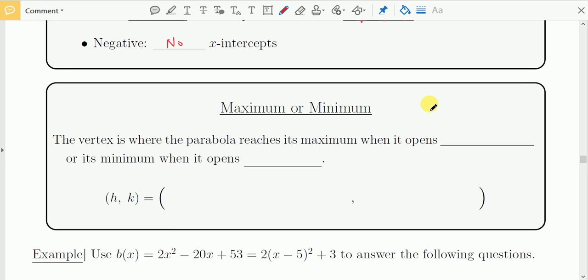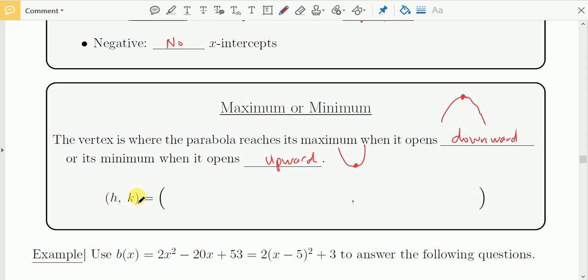The maximum and minimum. Now the maximum and the minimum both occur at the vertex of the parabola, whether it opens up or opens down. So the vertex is where the parabola reaches its maximum when it opens downward. The reason is that when you open downward, this is the maximum value, the vertex, and when it opens upward, you're going to have the minimum value, because you have the minimum here, the vertex.